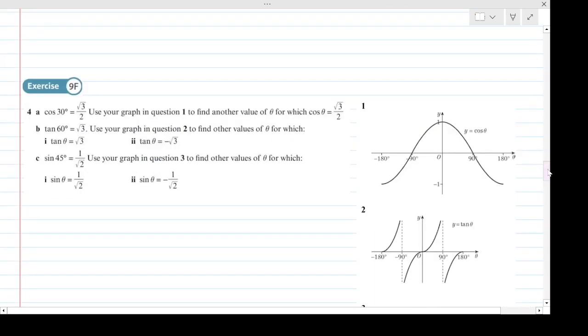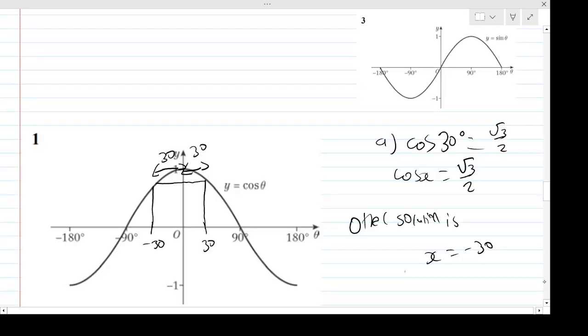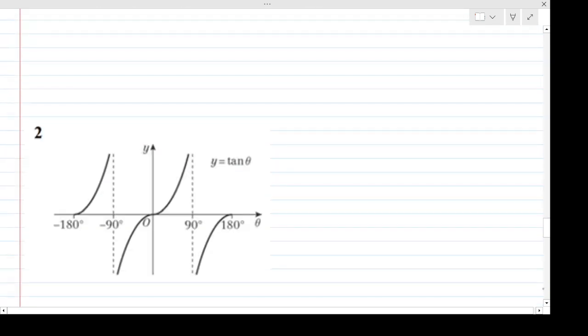Okay, so then part B of this then says that tan 60 is now root 3. Use your graph in question 2, so with this graph provided, to find the other values of theta for which firstly tan theta is root 3 and then minus root 3. So the graph of enlarged is down here.